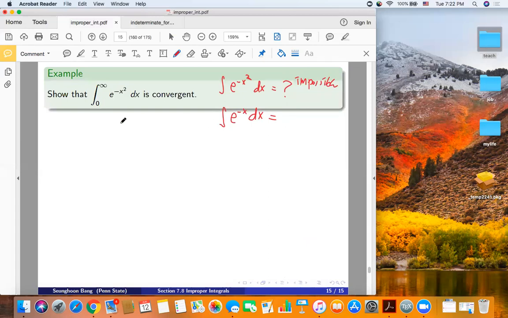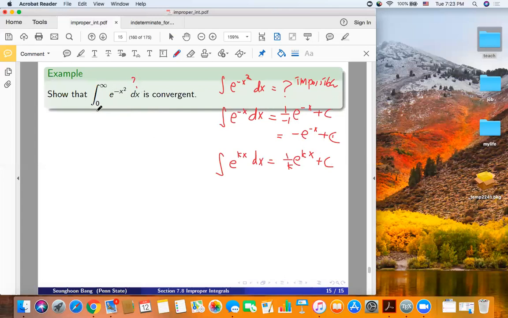We have to use this rule: the integral of e to the kx dx is 1 over k times e to the kx plus c. So this is 1 over minus 1 times e to the minus x plus c, which is minus e to the minus x plus c. So we cannot calculate the original one directly.